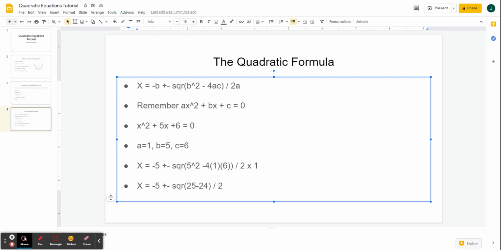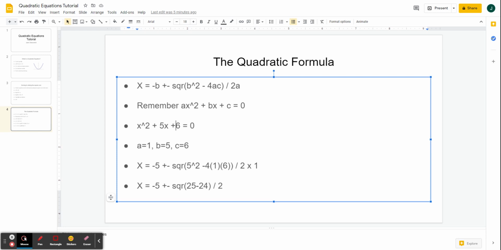So in this example, you have x squared plus 5x plus 6 equals 0, and we could identify the coefficient of the x squared variable. Well, there isn't one shown, but that just means it's 1. The coefficient of x by itself is 5, which means b is 5, and the constant value at the end is 6.